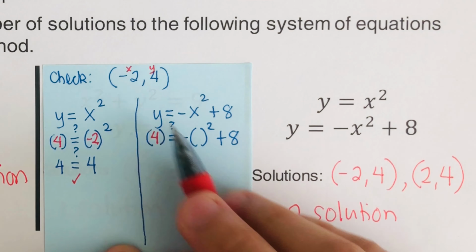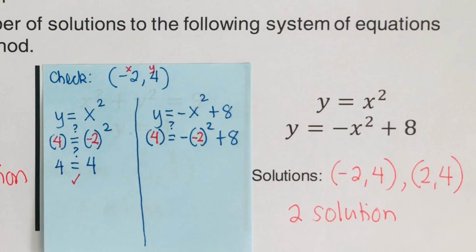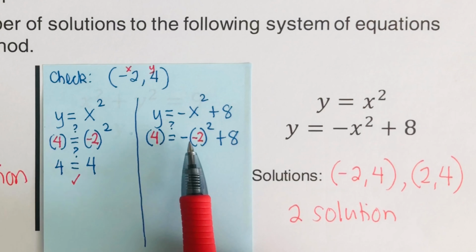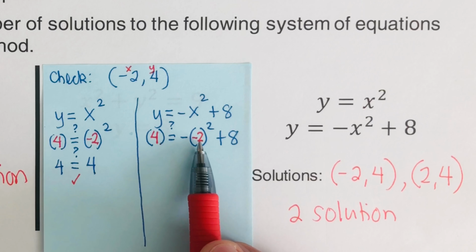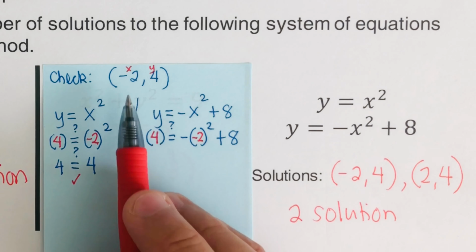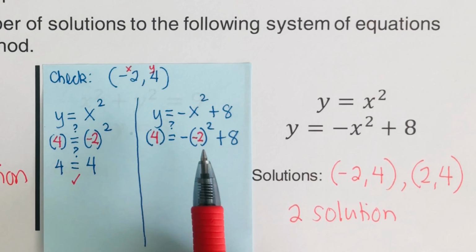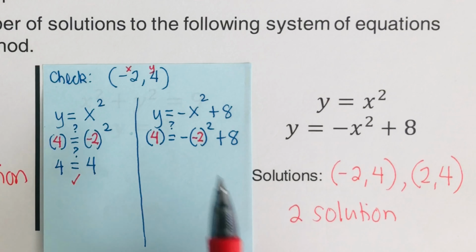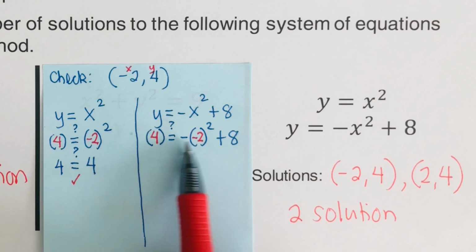And then the x is -2, so I put the -2 here. So others are going to say, oh, why do you have two negatives now? So the other negative was in front of the x squared. The other negative with the 2 is actually the value of the x that I plugged in here. This is the reason why I give you this trick to always change the variable into parentheses so you don't mess up with the math.